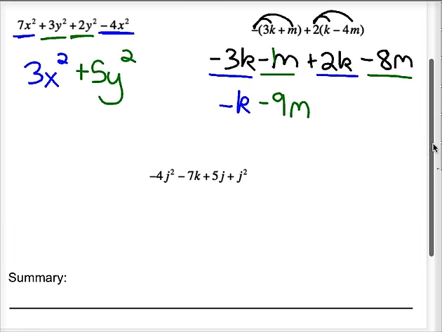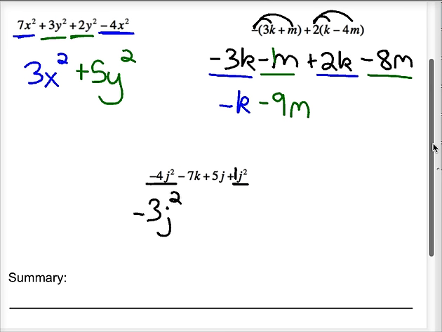And our last example. Here I see negative 4j squared. And there's another term with a j squared. And again, think of that as a 1. So negative 4 plus 1. So here we're adding on. We're going to be getting closer to being positive. Negative 4 plus 1. Again, make sure you're getting negative 3.